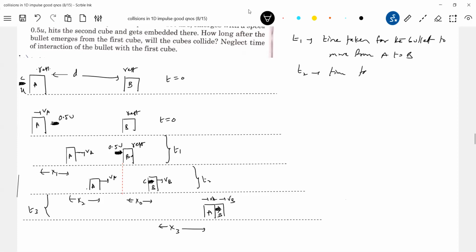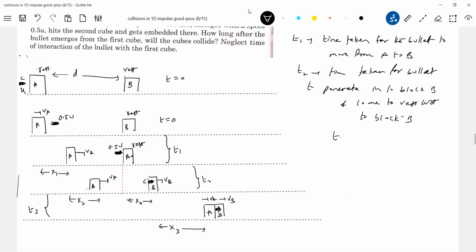T2 is what? Time taken for the bullet to penetrate into block B and come to rest with respect to block B. Now what is T3?